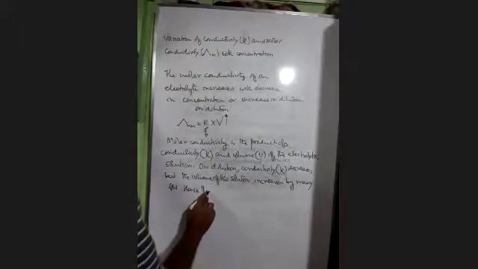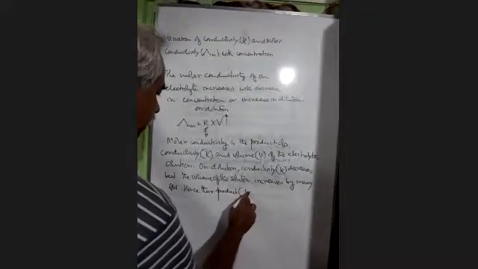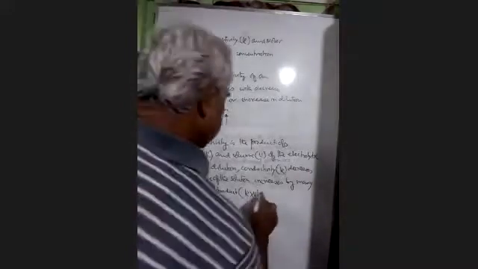Hence, their product, that is kappa into V, increases.